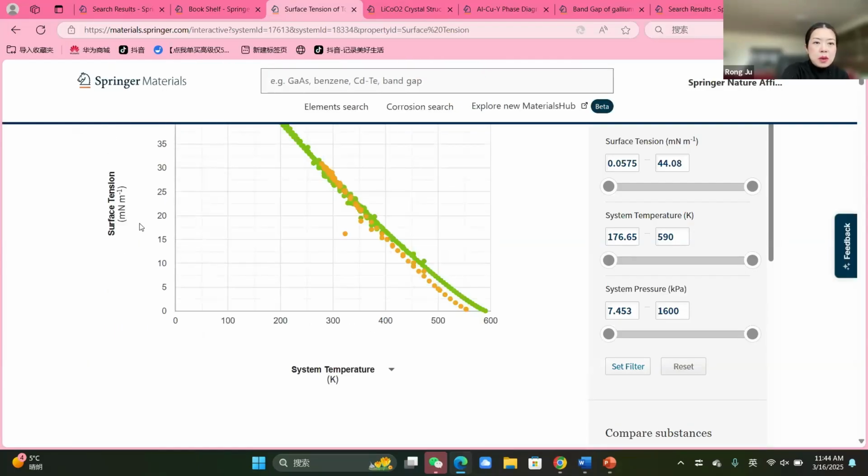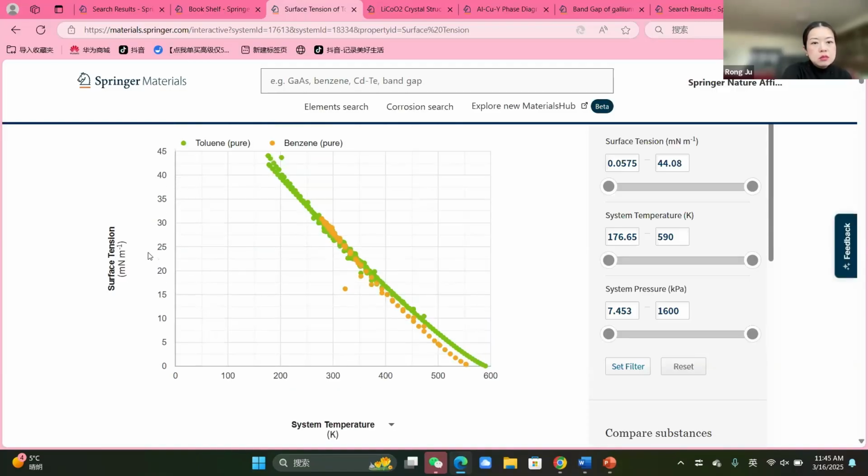The oldest one was published in 1907, the newest one in 2014.